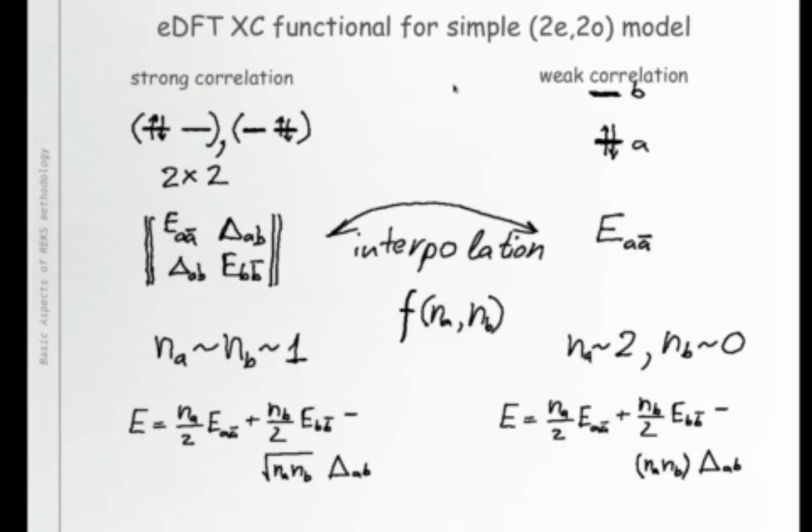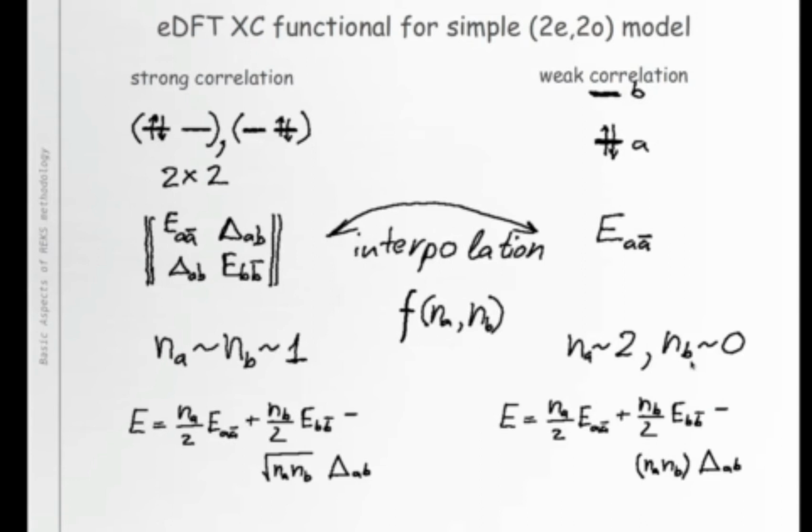So I can obtain, for example, for the case of a strongly correlated system where I need an ensemble representation for the density, the energy expressed in this way, right? However, for weak non-dynamic correlation or no non-dynamic correlation at all, I need to recover the same energy expression as in the case of standard Kohn-Sham theory.